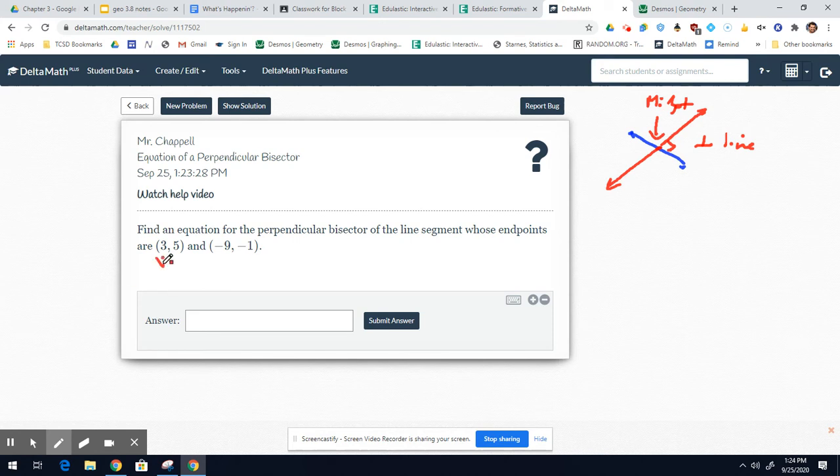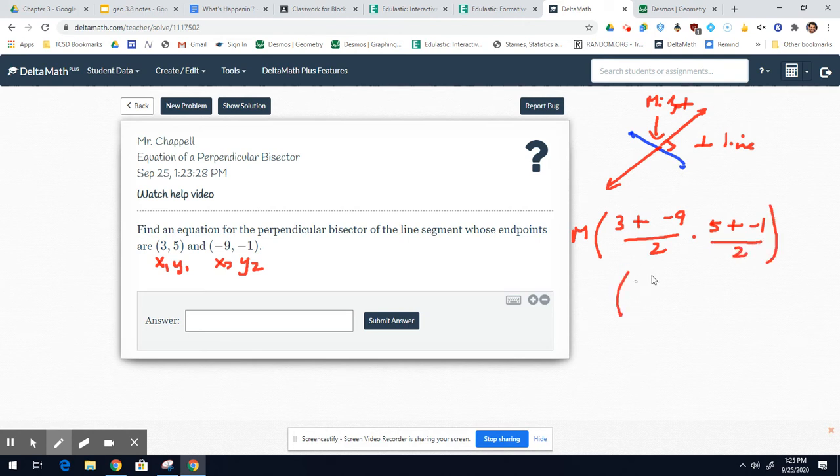So let's call this x1, y1. Let's call this x2, y2. The midpoint formula is (x1 plus x2) divided by 2, (y1 plus y2) divided by 2.